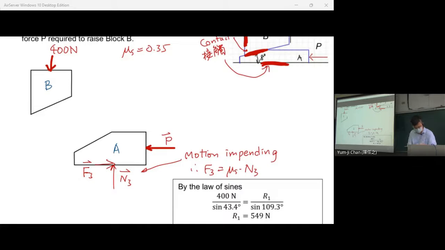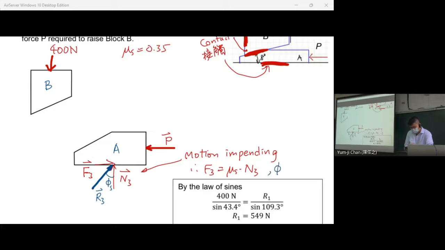So what's the resultant of these two forces? It is R3. And what is the angle of R3 then? Because F3 is equal to mu s times N3, the angle of R3 here is equal to phi s, the angle of friction.